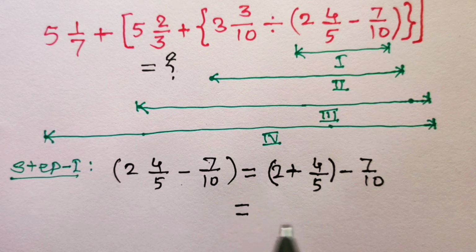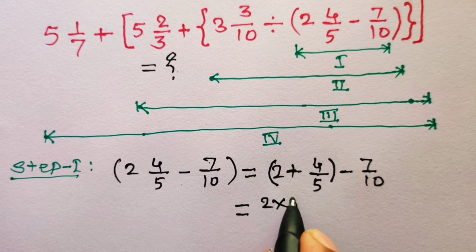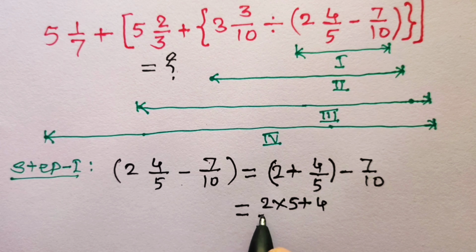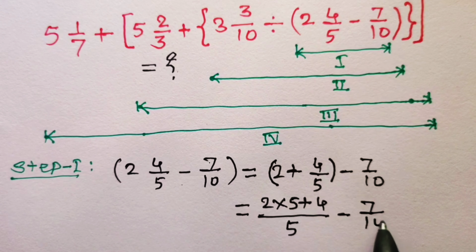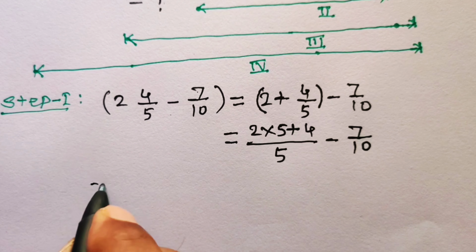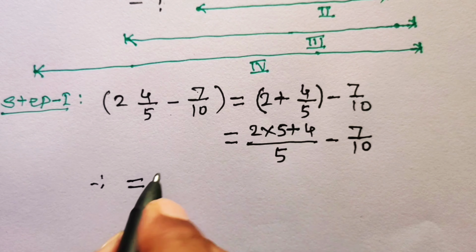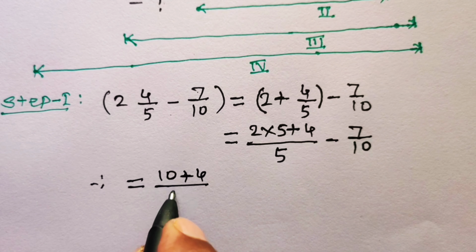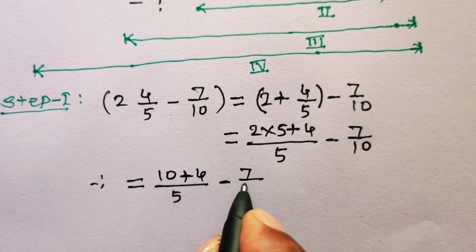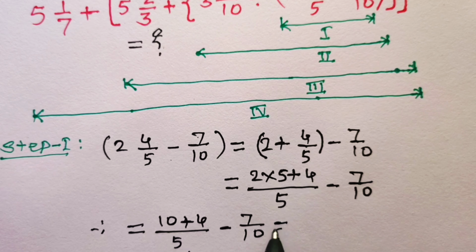So this is equal to (2 into 5 plus 4) divided over 5 minus 7 over 10. Hence this is equal to (2 into 5, 10, plus 4) over 5 minus 7 over 10. This is equal to 14 over 5, because 10 plus 4 is 14, minus 7 over 10.